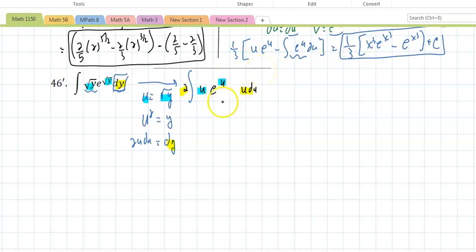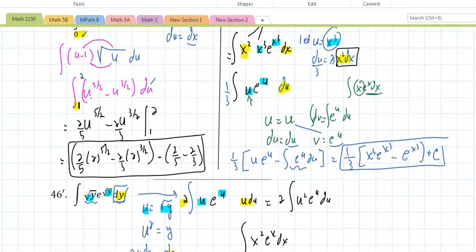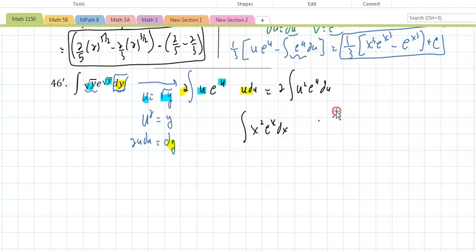And doesn't this become really twice the integral of u squared e to the u du? And I know the drill. If I had the integral of x squared e to the x dx, I know by now that I should have used integration by parts twice. So you proceed the same way.